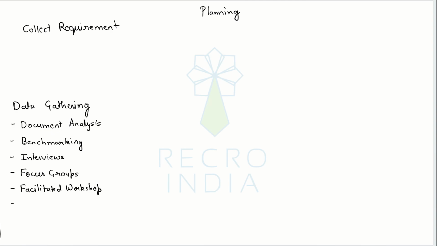Then you can also collect some requirements through observations. Many a time you find yourself in a situation where you go to a group of people asking for their expectations, but you don't get any positive response as such. Could be because of various reasons.